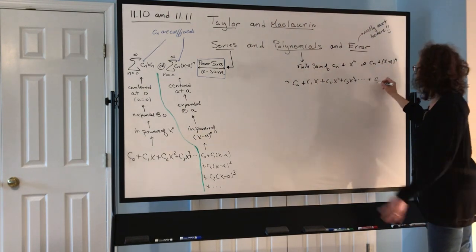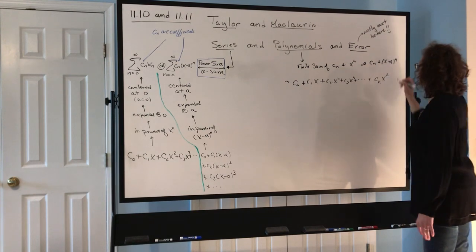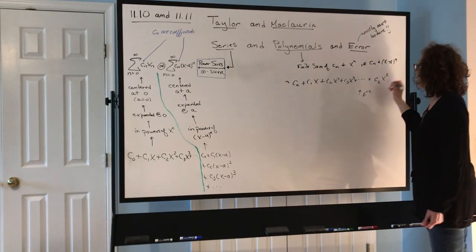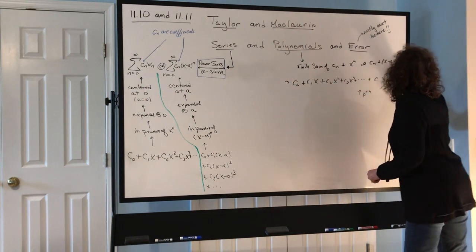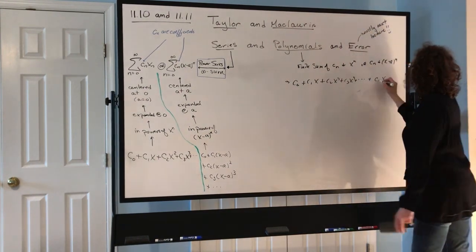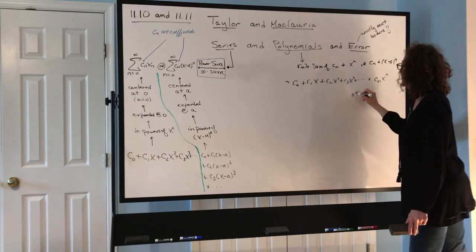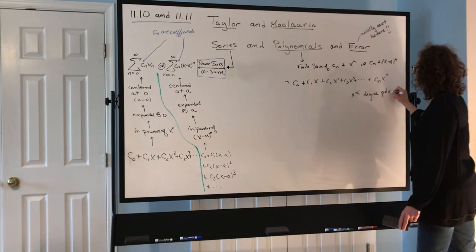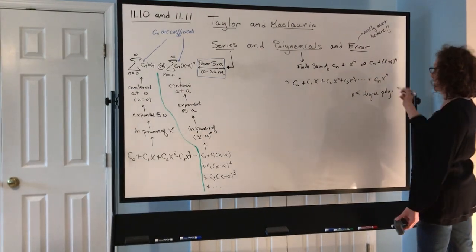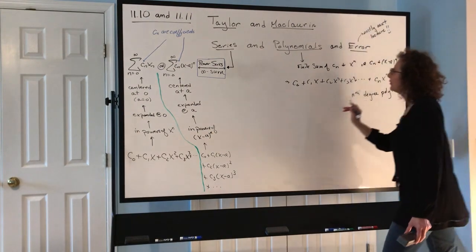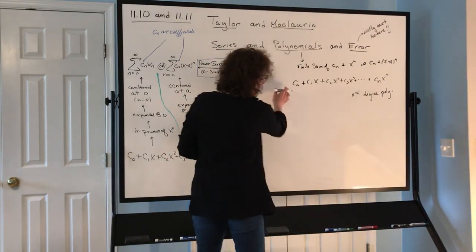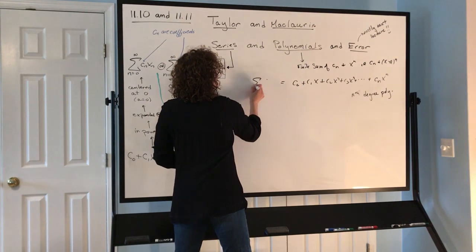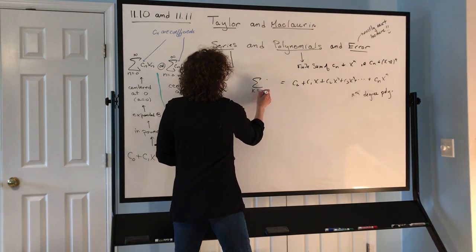c_k x to the k. This would be the kth degree, or if we want to stick with n, so that we can sum on k, this would be the nth degree polynomial. An nth degree polynomial expanded about 0 is just summing k equals 0 to n.